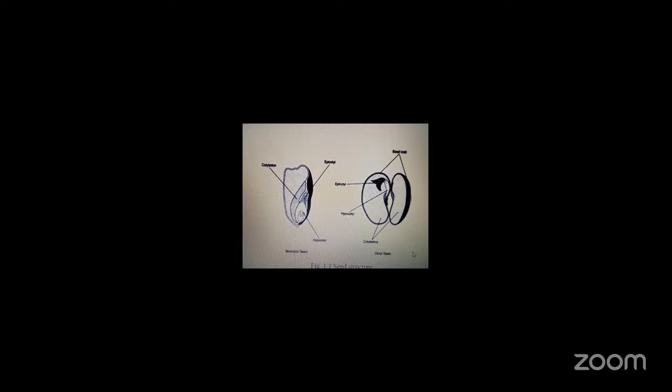So next one is the seed storage. Seed banks are there, or other gene banks. Seed gene banks are set up with the objective to minimize the loss of viability and genetic integrity of seed material during the storage and regeneration process.